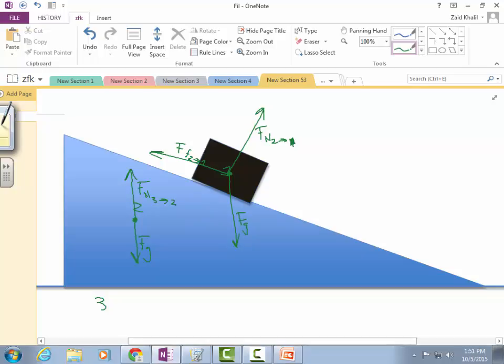Stay focused, ladies in the middle row. What else? Yes. Normal force of 1 on 2. And where's that directed? Down. Fn of 1 on 2. Notice it's equal and opposite to Fn of 2 on 1.